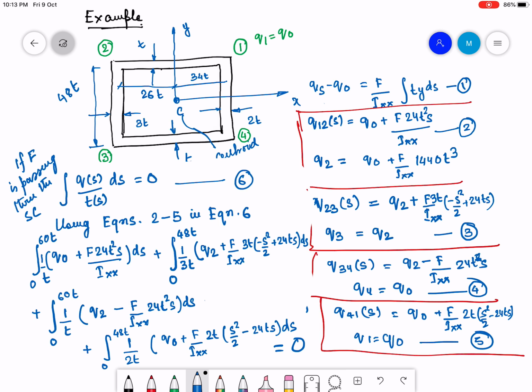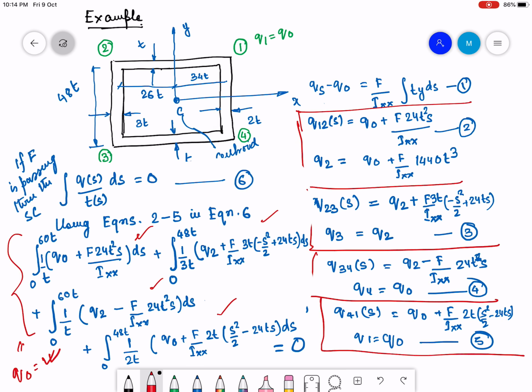So all this integral, we can very easily evaluate. So I will get an equation which will help me. So this entire equation is going to help me to find the value of Q0. I am not solving this entire integration-based equation, which would be very lengthy.